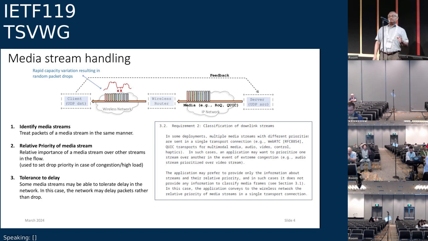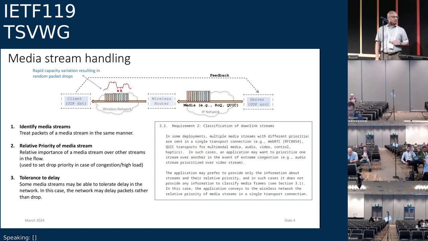We need to identify the media streams in this case and not the frames. But then once you identify the streams, it's the same question: the relative priority of each of those streams, and is one stream more or less willing to tolerate delay on the wire. So it's very similar to that.